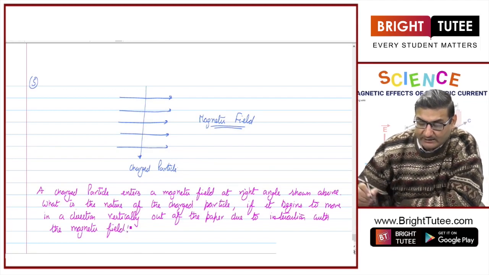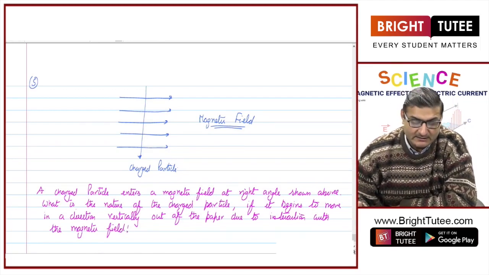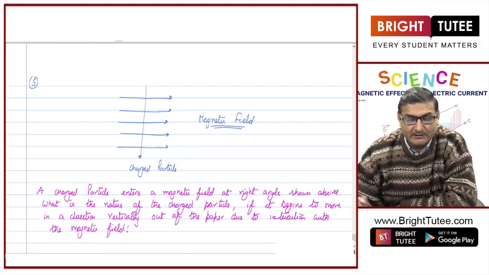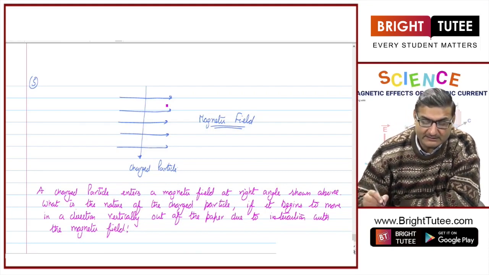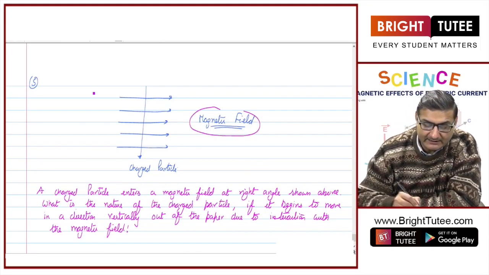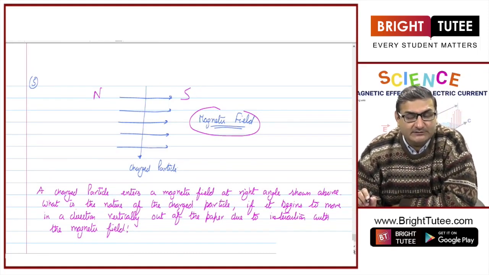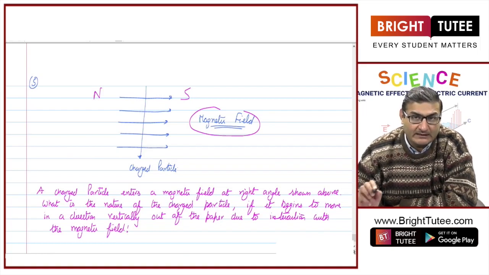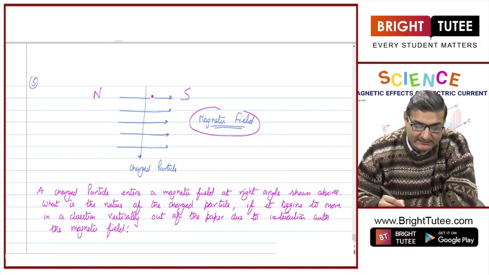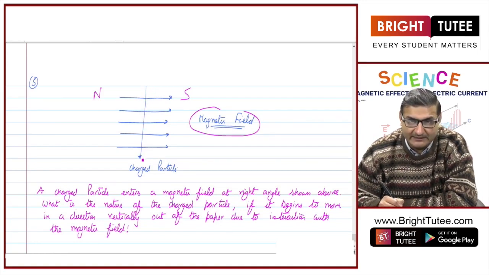Now, try to relate the question, students. First thing, very simple, we got from the figure itself that the magnetic field is in this direction, that means this is north to south. So I get the figure that I get the position of my forefinger. Now the question says that a charged particle is going into this particular magnetic field like this, right?